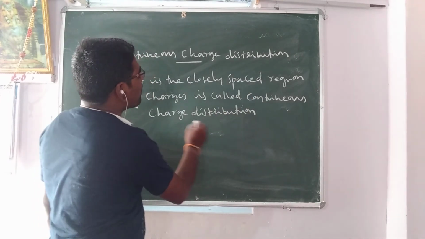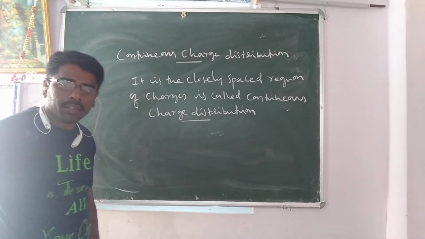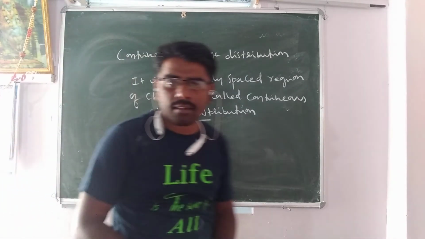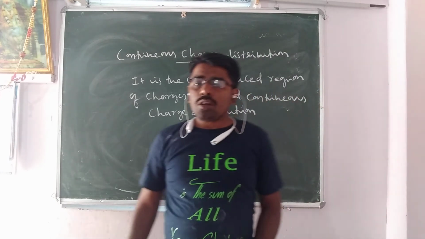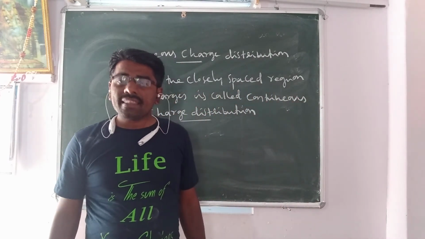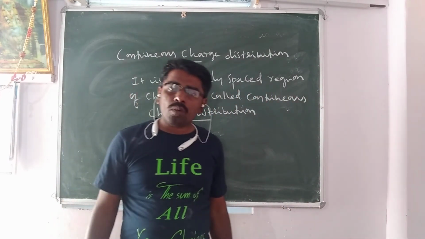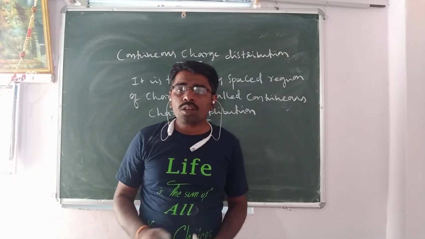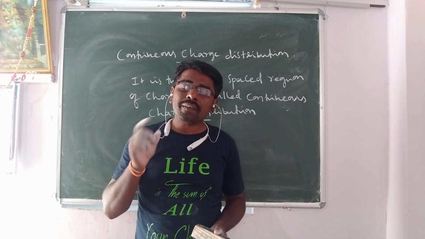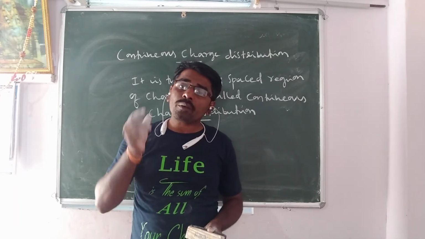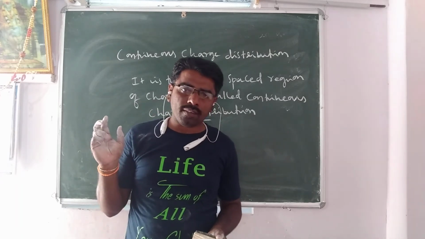A set of closely spaced charges in a conductor, on the surface of the conductor. In macroscopic observation, charge distribution in a conductor is always discrete, but it is impractical to work with discrete charges. We must work with continuous charge distributions.